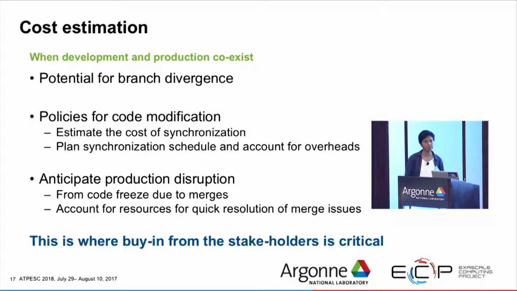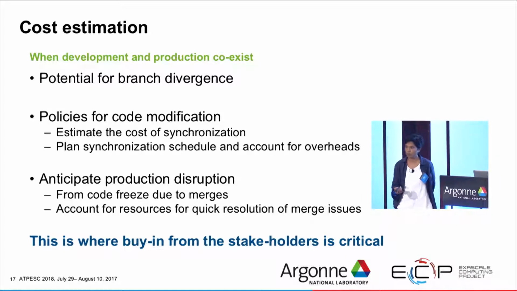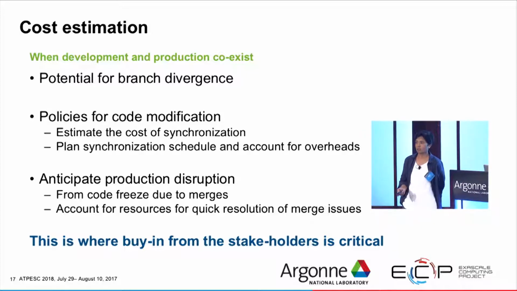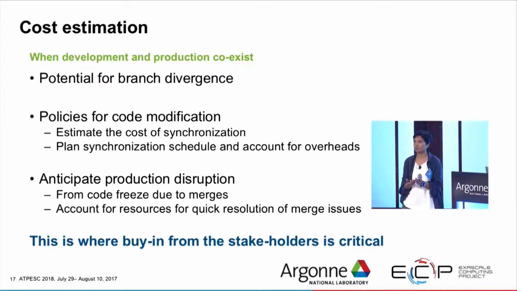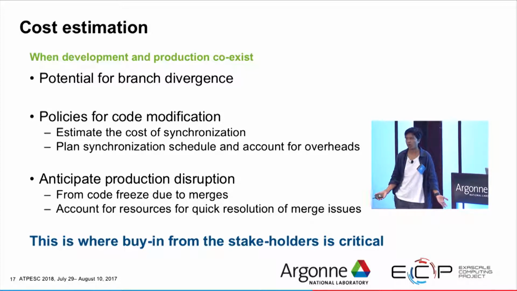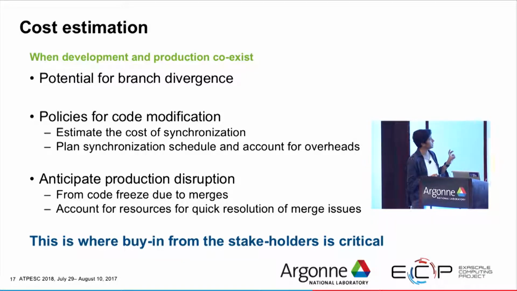So you have to have in place policies for code modification in terms of when, how often should you synchronize the two branches, and what would be the cost of synchronization. So you have to do the cost benefit analysis here in terms of if there is a frequent merge, then there is going to be possible frequent disruptions to production, but if you have very infrequent merges, then the possible time to resolve and reconcile the differences may be larger, and so that has to be carefully calibrated.